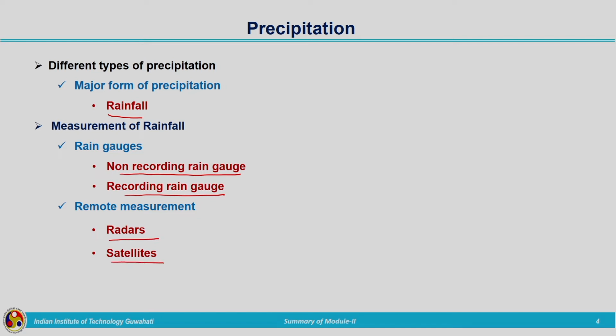Satellites and radars are giving us the spatial distribution of rainfall. Even if the location is not reachable, it does not matter, we can make use of these remote measurement technologies for obtaining the rainfall data. But the rainfall obtained from these remote measurements, such as radars and satellites, needs to be corrected for so many errors.